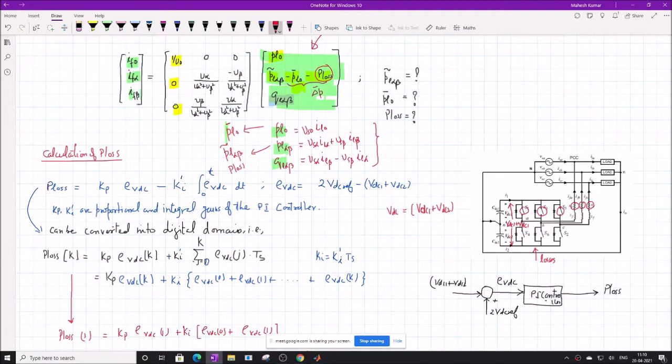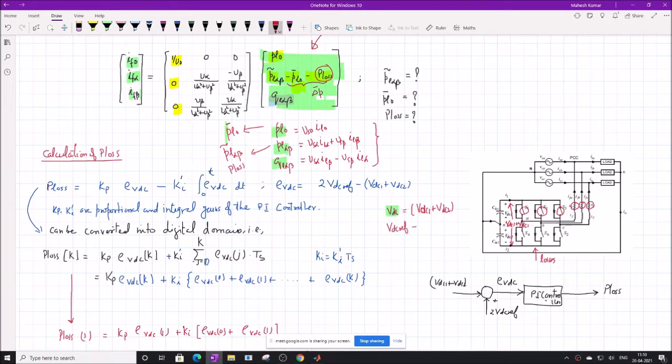This voltage has to be good enough to drive these currents IFA, IFB, IFC in the direction of IFA star, IFB star and IFC star. And what should be the value of this VDC? It should be close to some reference value. Let us call it VDC ref.